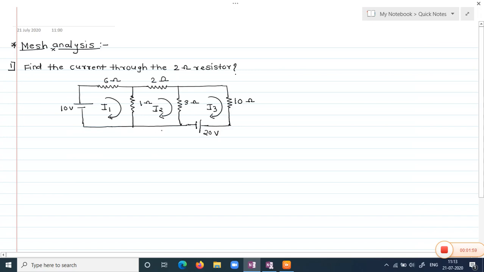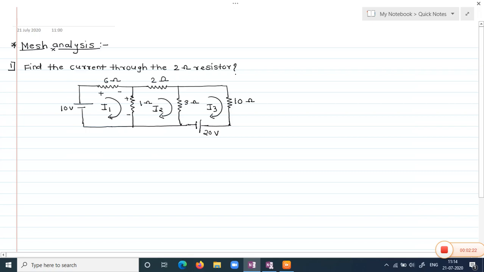Then we have to assign a polarity to each element. Suppose the current flowing through mesh 1 flows from positive to negative through the 6 ohm resistor. Here, through the 1 ohm resistor, again it's flowing from positive to negative.